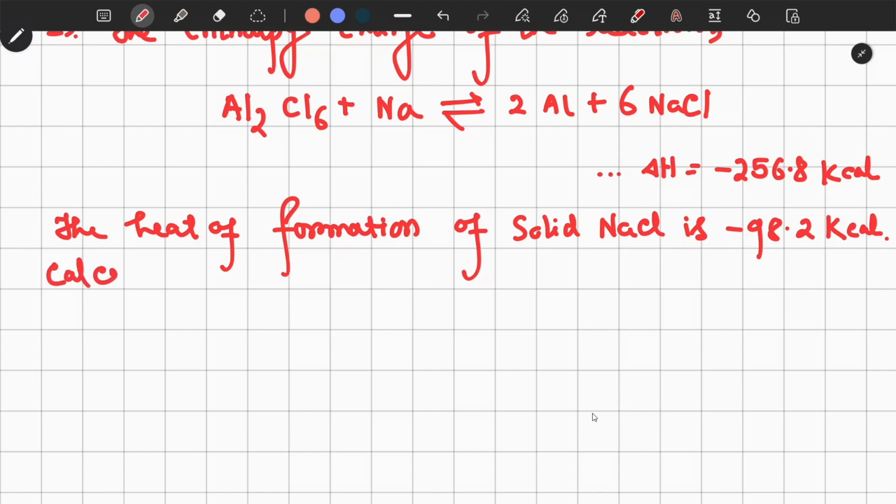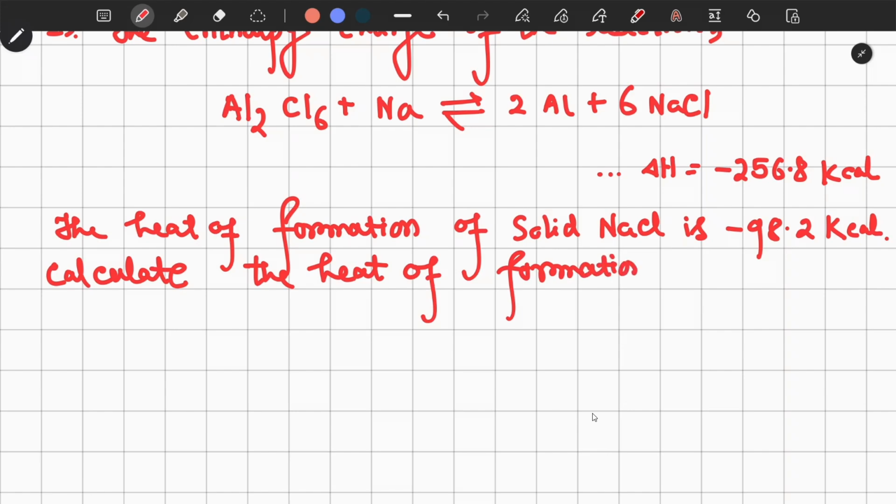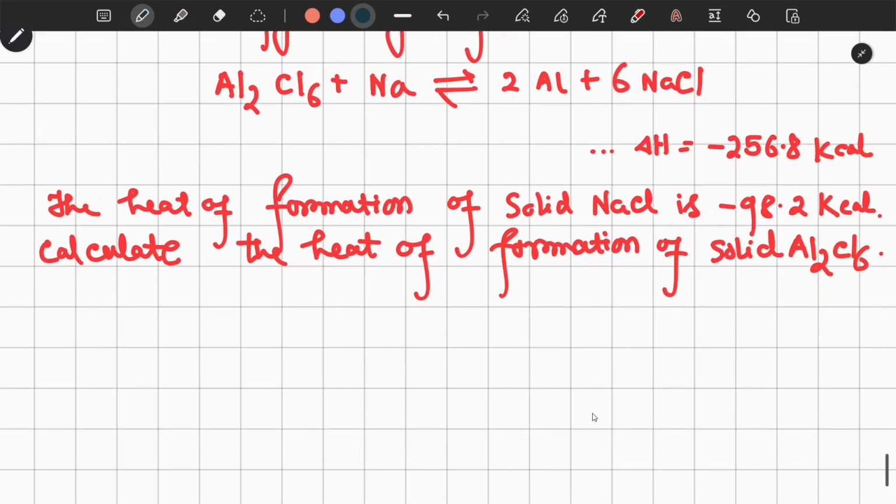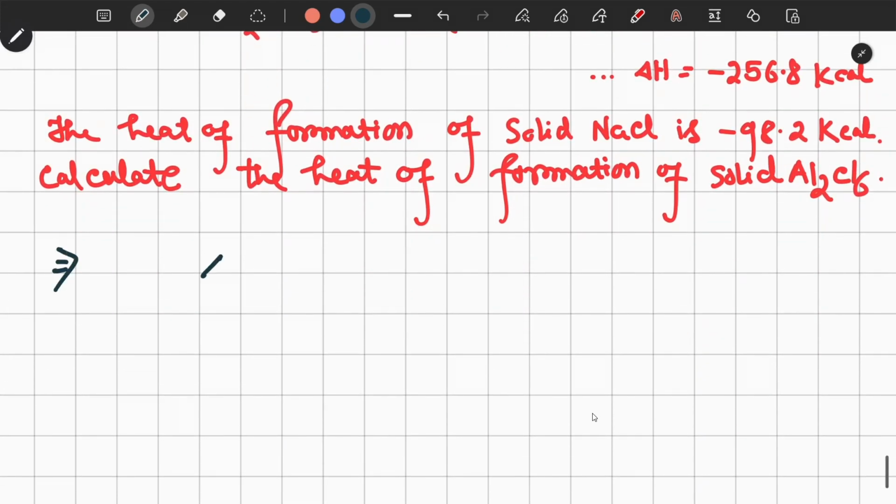They want to know, calculate the heat of formation of solid Al2Cl6. So this formula is known. Already we have derived that delta H of reaction is the heat of formation of reactants minus that of products. But before that, you have to write down the reaction.